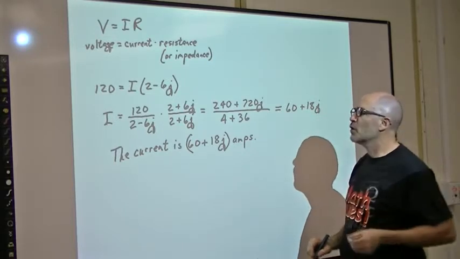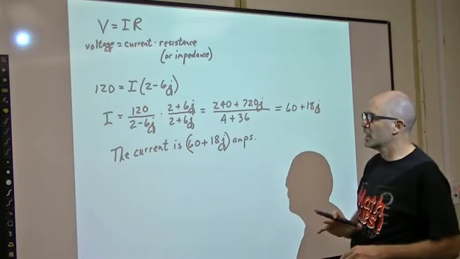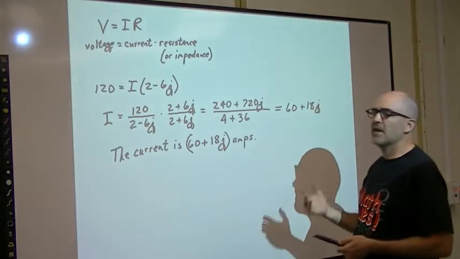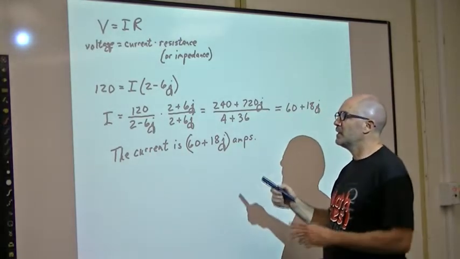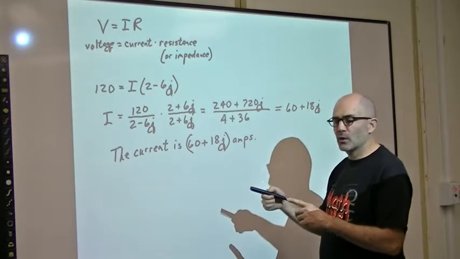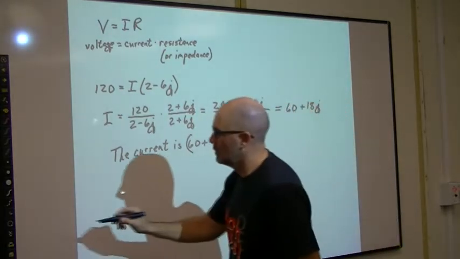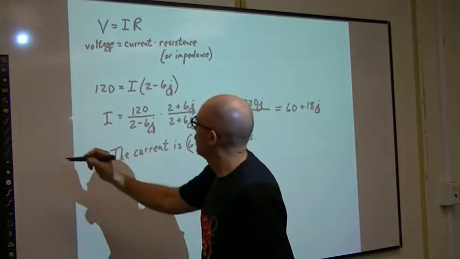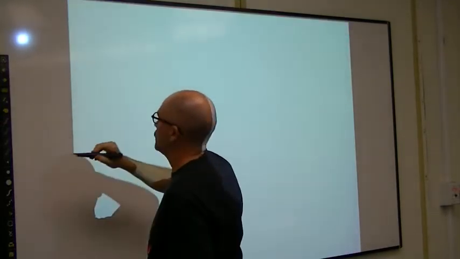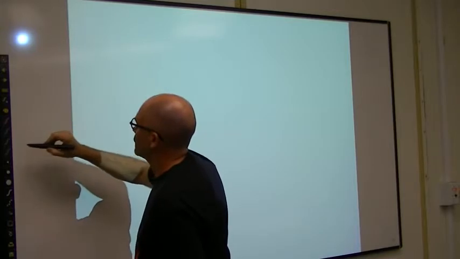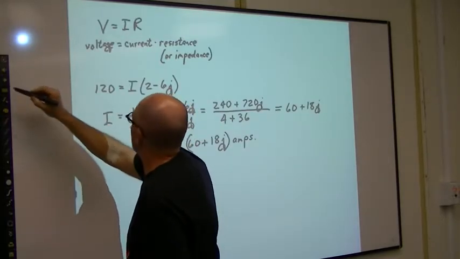Now, rather than multiplying by the conjugate, let me show you the method that we're focusing on in this section, and that is changing it to polar and then doing the division. So we've got 120 over 2 minus 6j.